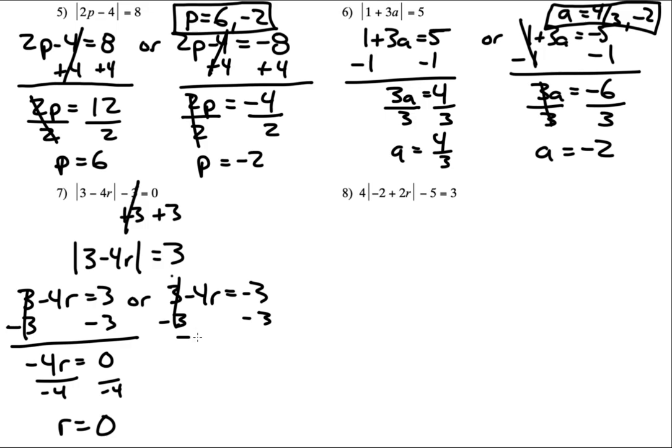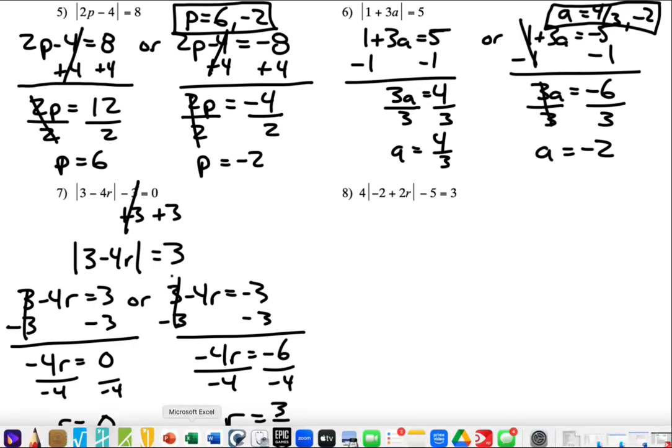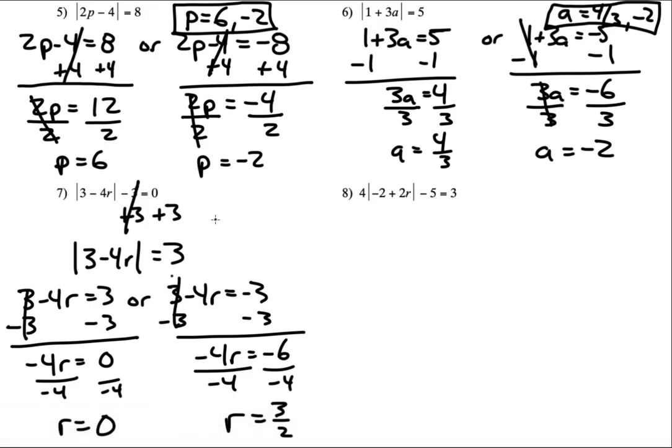Those cancel. I'm left with negative 4r equals negative 6. If I divide by negative 4, I get r equals, a negative over a negative is a positive, and 6/4 reduces down into 3/2. So my final answer is that r could be equal to 0 or 3/2.